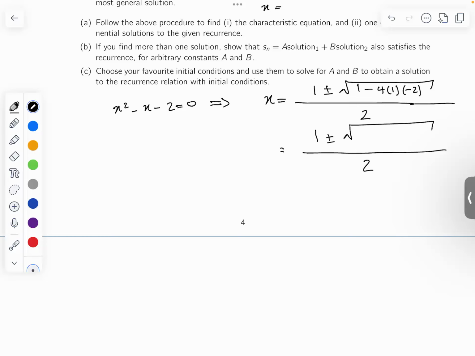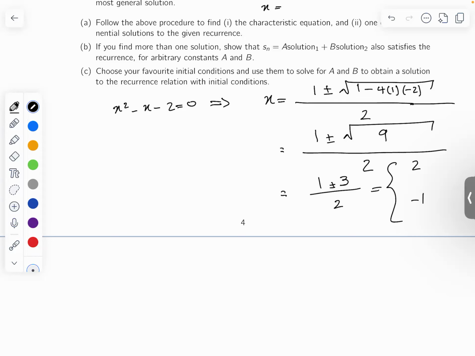What's inside the square root? Yeah, excellent. So 1 plus or minus 3 over 2. 1 plus 3, 4 over 2 is 2. 1 minus 3 is minus 2 over 2 is minus 1.